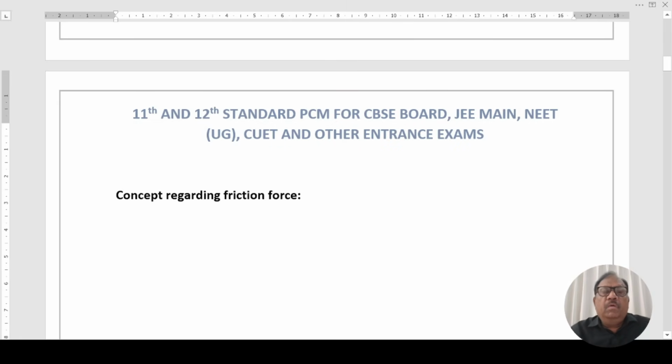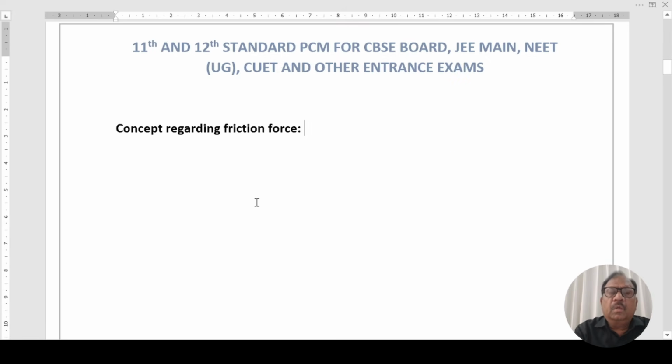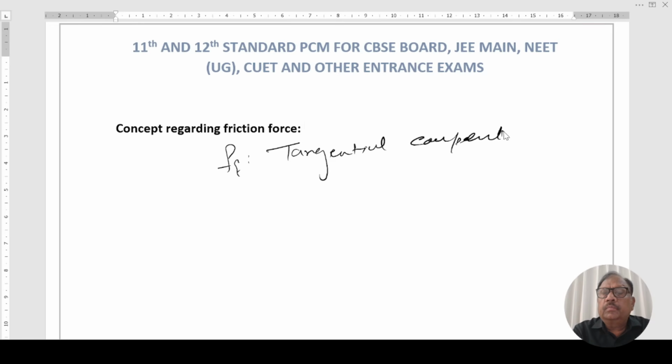Concept regarding friction force. Friction force is the tangential component of net contact force. Be careful, net contact force.